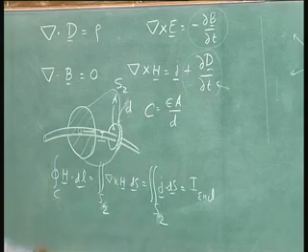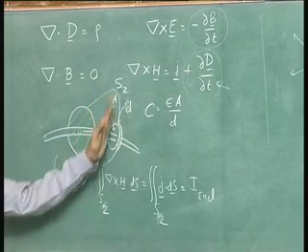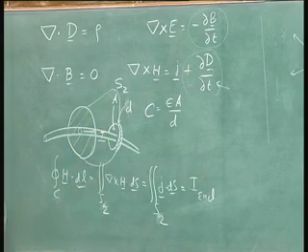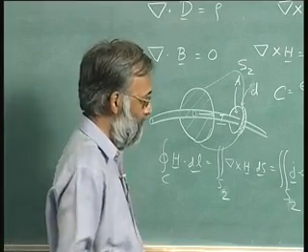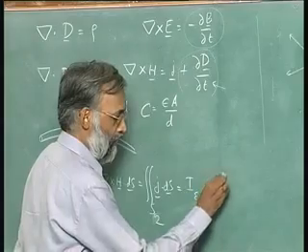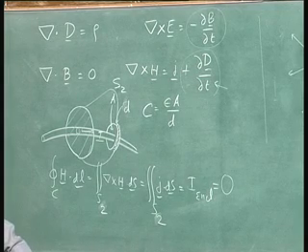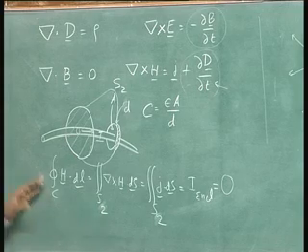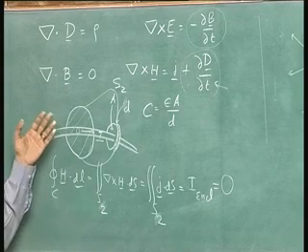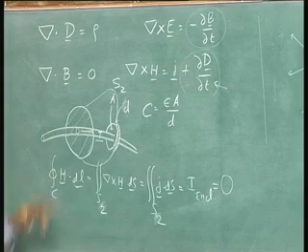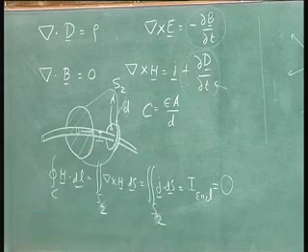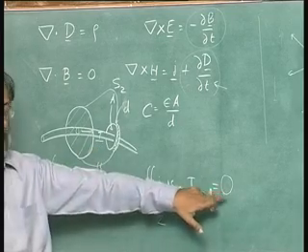There is no current flowing where the surface goes through the dielectric, because the dielectric is a non-conductor. So, it is equal to 0. So, I have got two separate answers. In one case I have got the answer loop integral H dot dl is equal to I enclosed, which is I. In the other case I have got loop integral H dot dl is equal to 0.